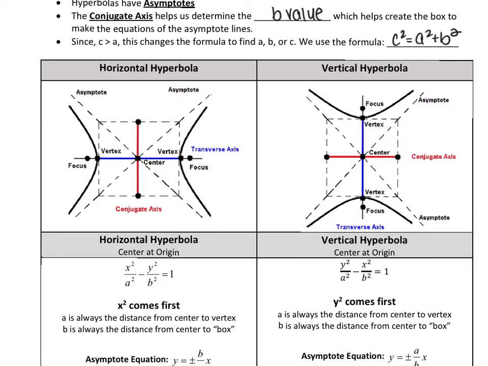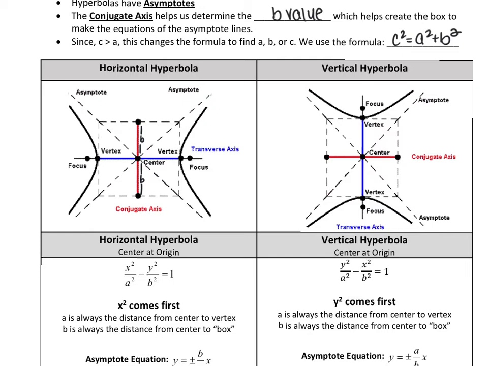They don't have a label, but they are B units from the center. If you want to label that in here, you absolutely can. So here, this is B units from here to here, B units from the center. Those values help us get these four corners, 1, 2, 3, 4, and they make this box, which helps us create our asymptotes for our branches, okay?